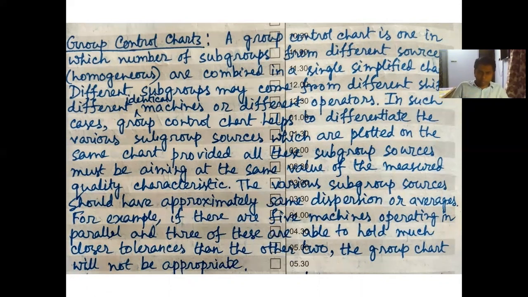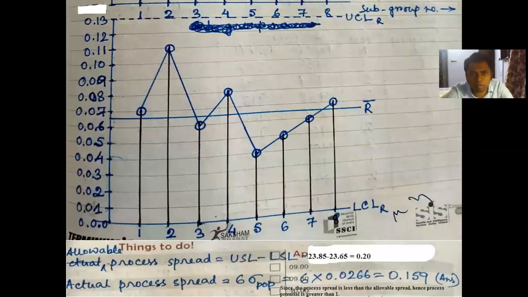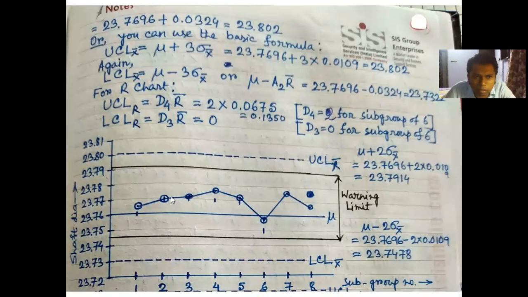In previous cases, when we discussed control charts for attributes, we discussed the X bar chart and R chart. In that case, you can see there was only one line. Why? Because we were taking the data from the same shift, the same machine, or the same operators.